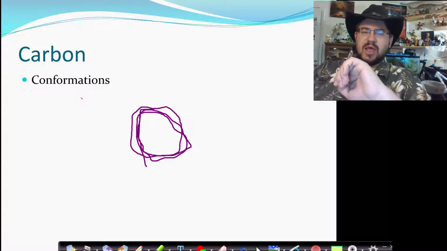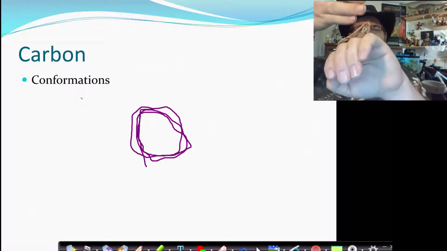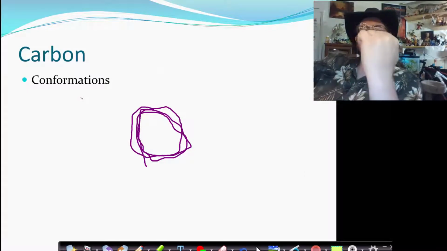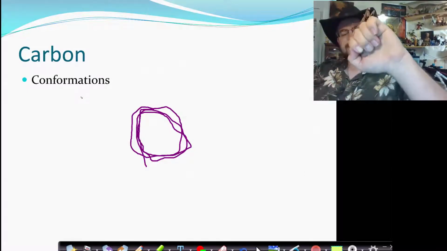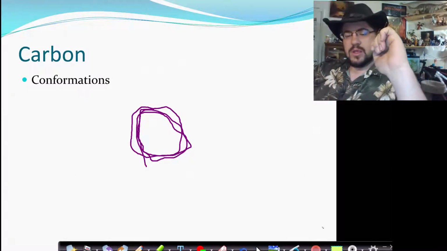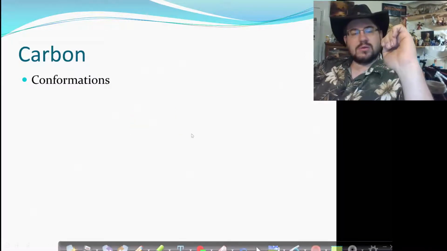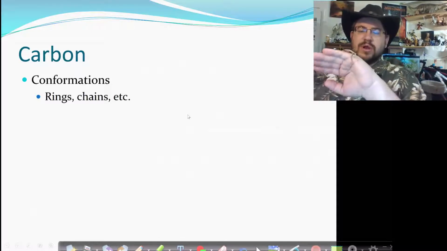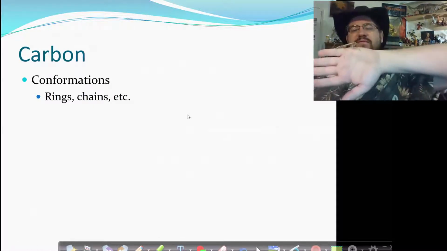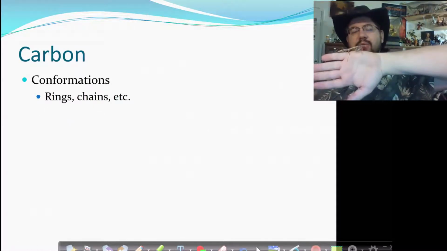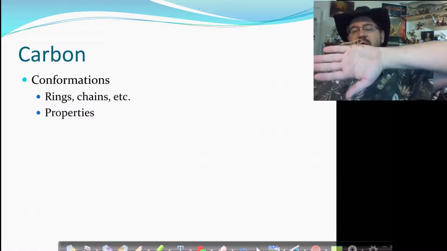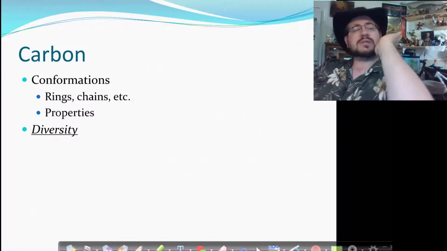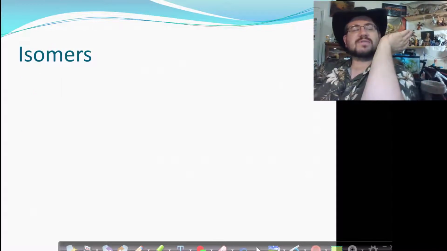That's shape, not conformation, because conformation is the 3-dimensional shape of a structure. So, carbon comes in a large variety of conformations. Rings, chains, and different things you add to these change all the properties, and it produces that massive diversity.